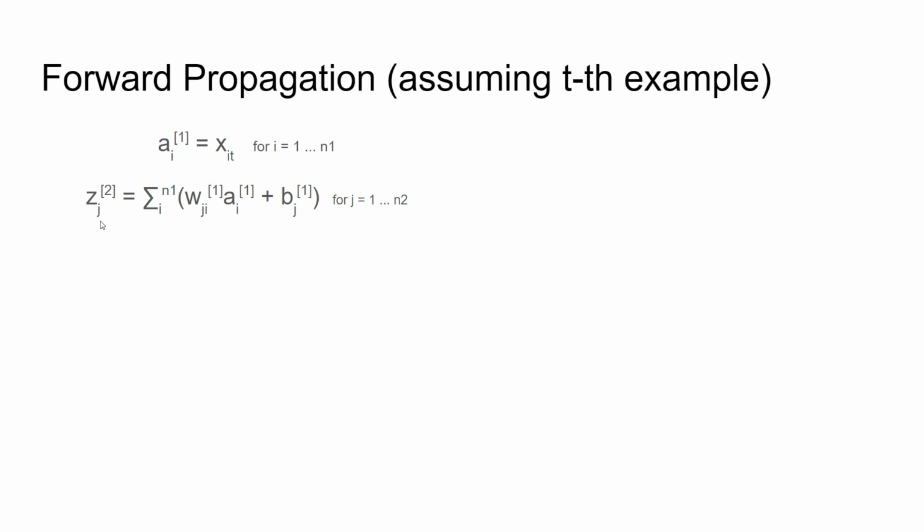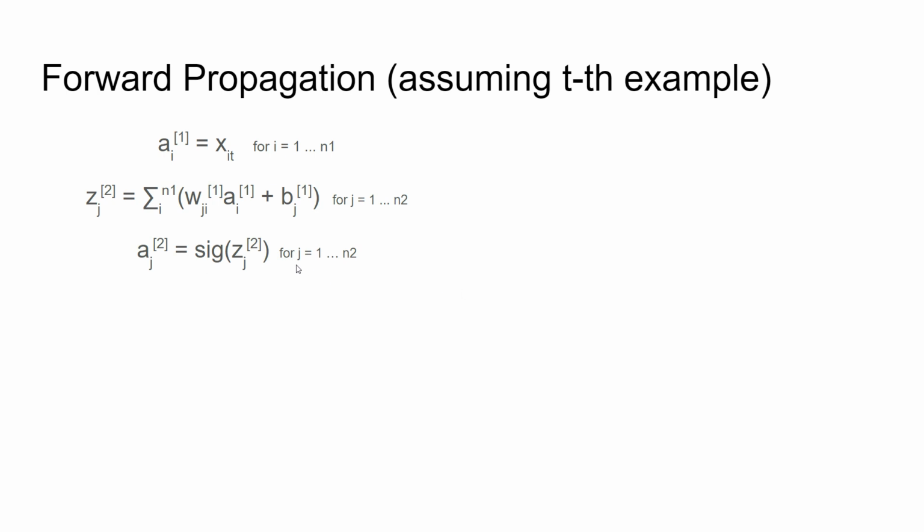Then for the jth unit, we calculate zj2, that is equal to summation over i to n1 of wji1 into ai1 plus bj1 for j equal to 1 to n2. Next step is calculating the output of the second layer, that is simply aj2 equals sigmoid of zj2 for j equals 1 to n2.